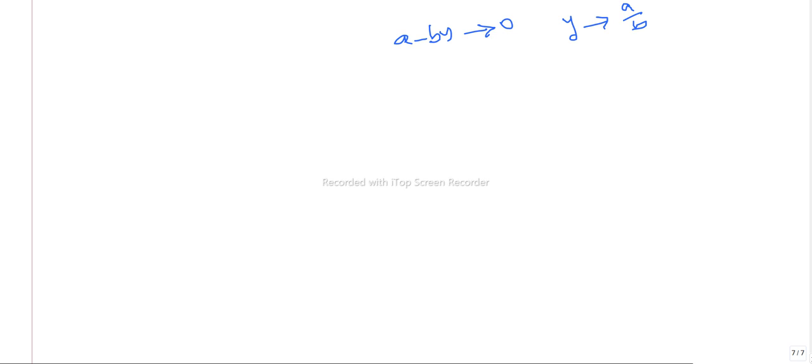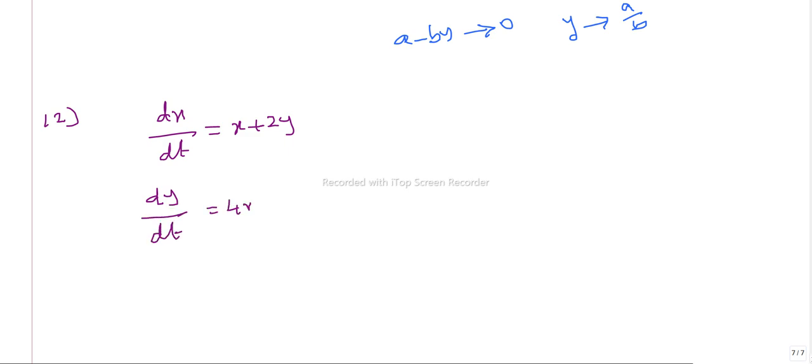So the problem is, suppose one differential equation is dx/dt equal to x plus 2y, and the other differential equation is dy/dt equal to 4x minus y plus e^(3t). So obtain the general solution.